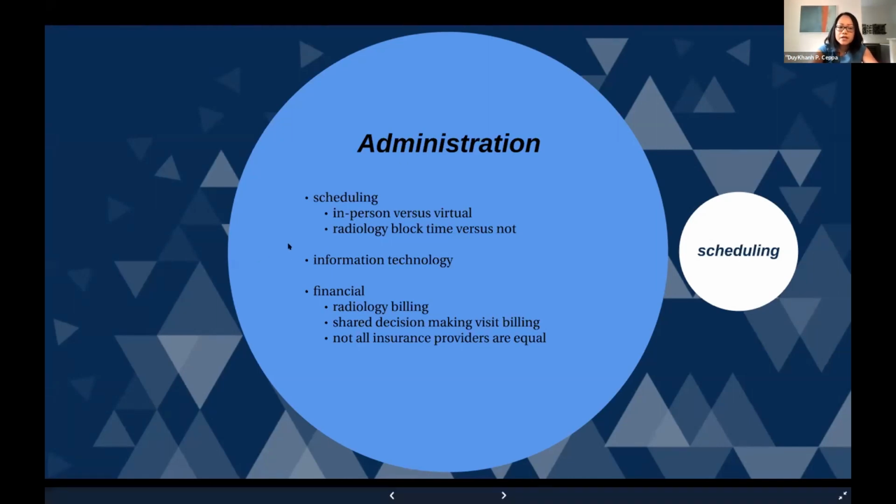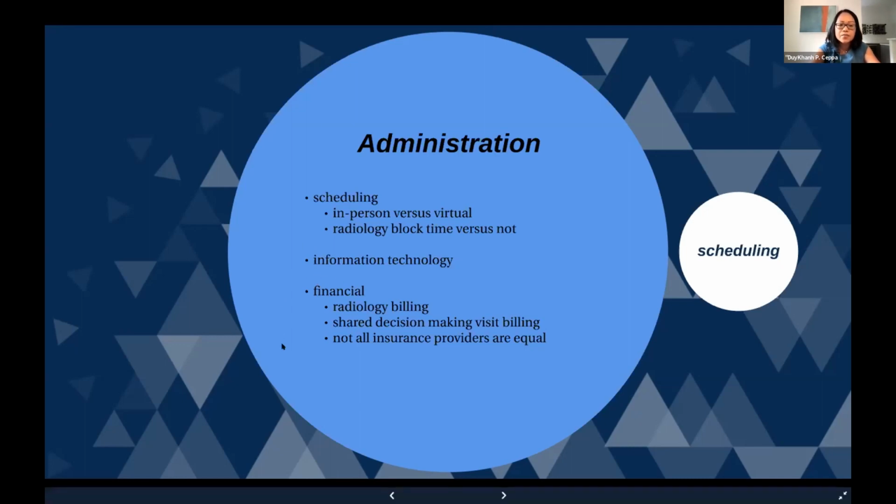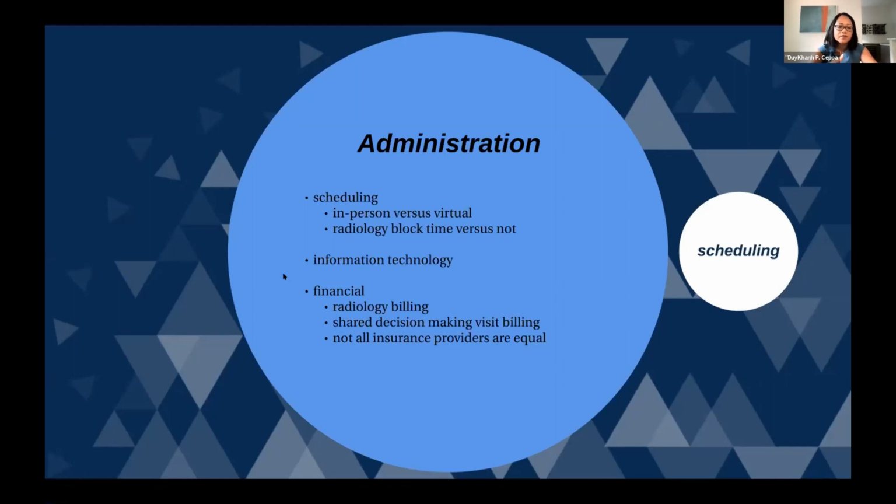It's important to have a team member who is in information technology, to make sure the order is accurately written, et cetera, et cetera. And then it's important to have a member on your team who looks at the financial side of things. That's for the billing from the radiology standpoint and for the shared decision-making visit. And I can't emphasize more that not all insurance providers are equal.